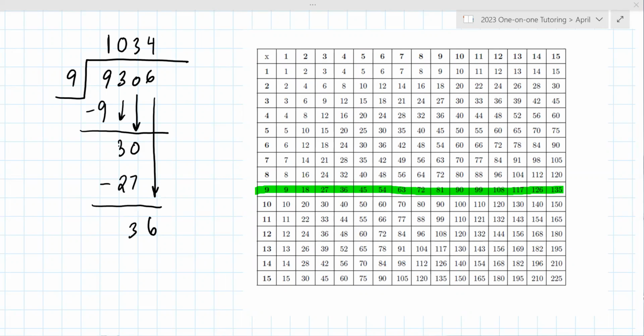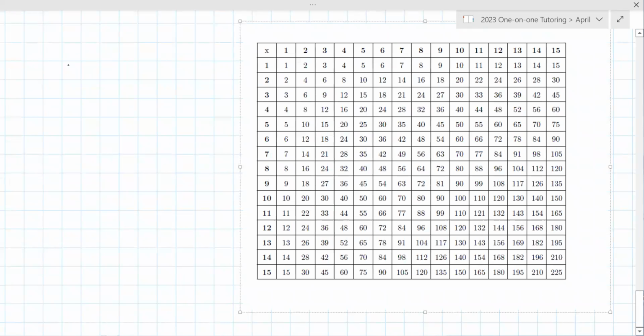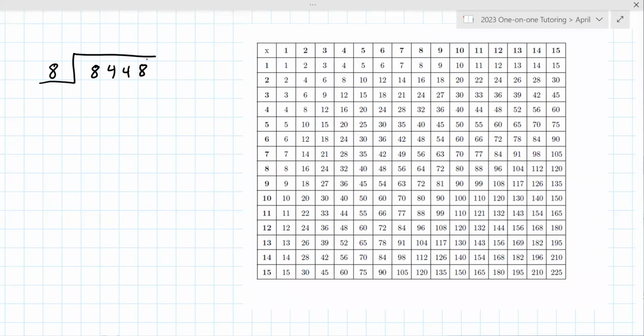All right, let's do another one of these, kind of similar. We'll go back down a little bit. All right, so 8,448 divided by 8. This is kind of like the last one where it goes into the first number, but then it doesn't go into the second.